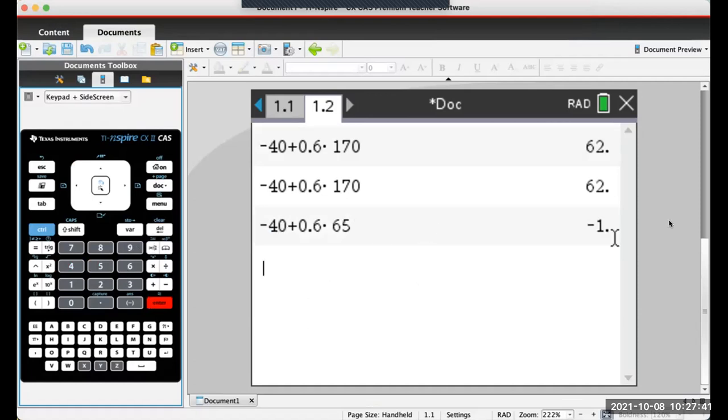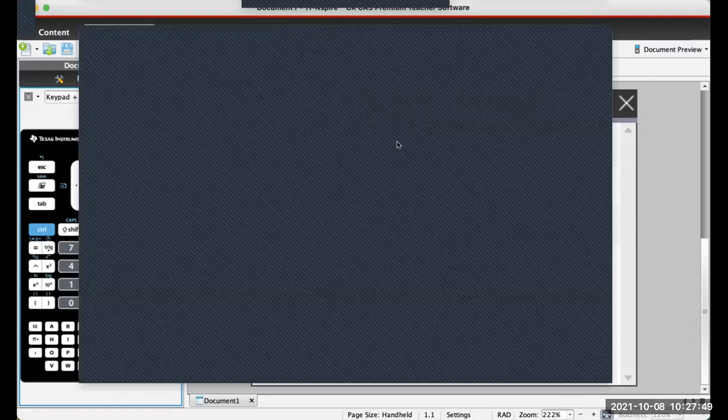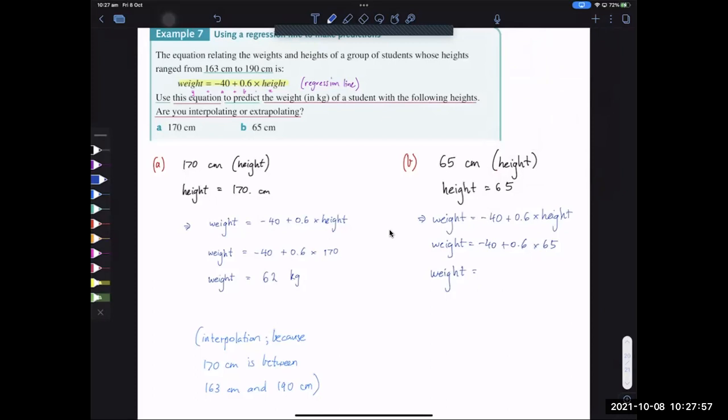Press enter, -1. I'm just going to press Control Enter just to make sure. Okay, so bring it back. The weight is -1 kilograms.